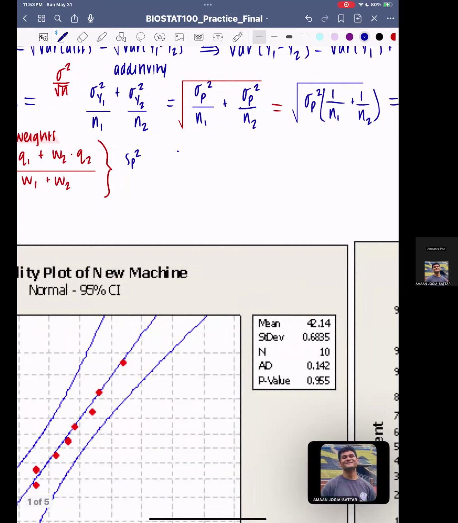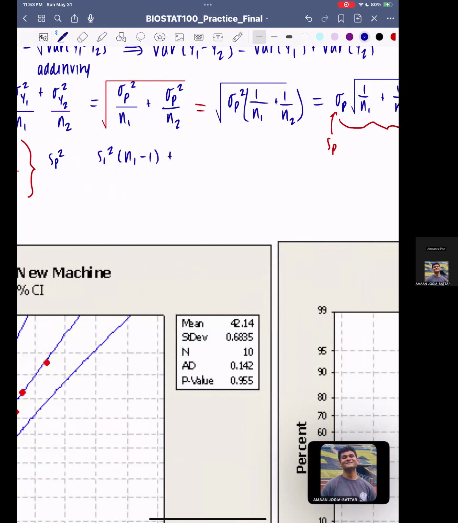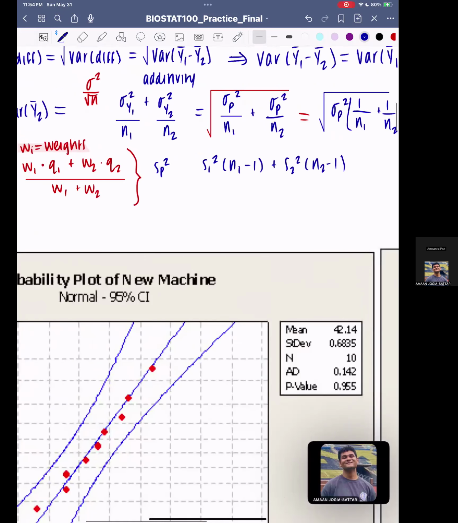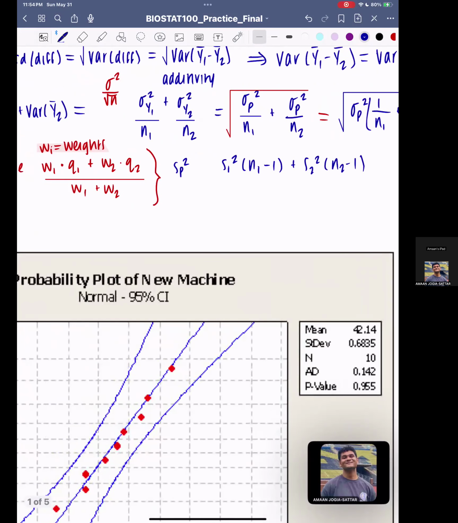So we have S1 squared, which is our sample variance for the first sample, scaled by n1 minus 1. And we're going to add S2 squared times n2 minus 1. And so if we're going back to our analogy, Q1 and Q2 are our sample variances, S1 and S2 squared. And our weights are going to be the n1 minus 1 and n2 minus 1, which are our degrees of freedom.